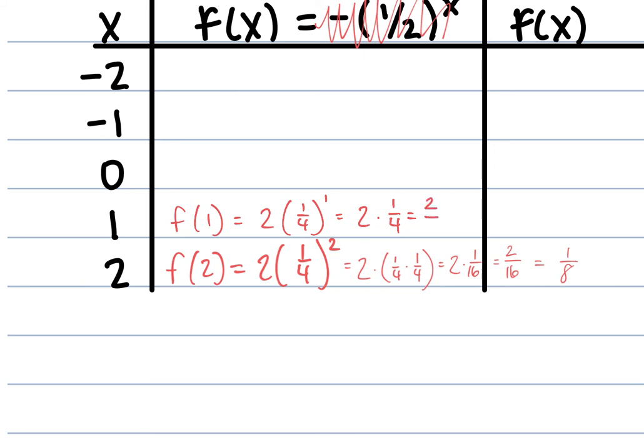Yeah, 2/4, which simplifies to 1/2. f of 0 is going to be 2 times 1/4 raised to the 0 power. What's 1/4 to the 0 power? 1 times 2? 2.